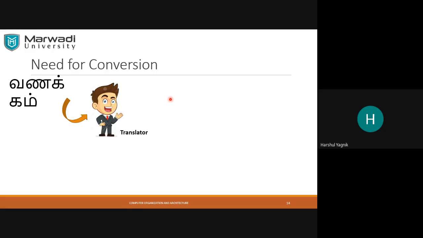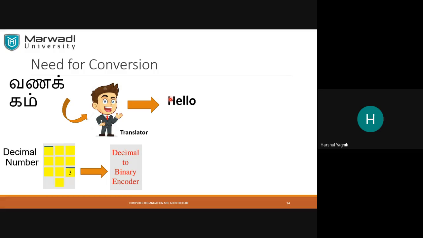In the real world, we might use different languages, different numbering systems, but how does a computer work? In the real world also, we do not know all the possible languages, so for that we need a translator who translates the language into the language which a person can perceive. Similarly, most of the time we use the decimal number system in our daily life, but computers work on binary.